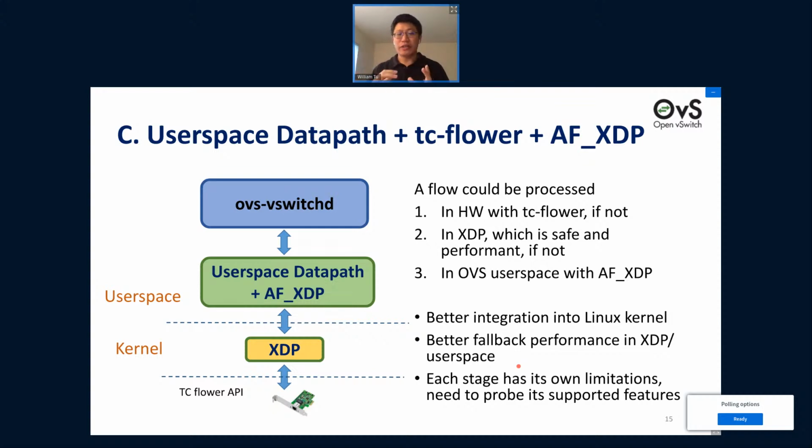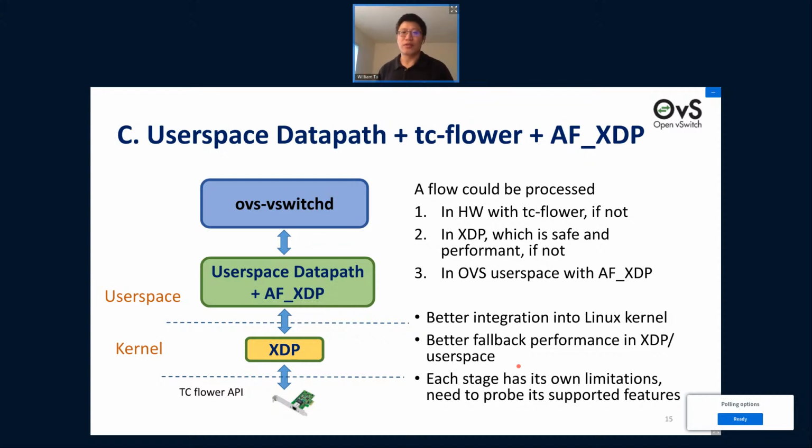And since we use AF_XDP, we want to use TC Flower as the offload API, because TC Flower has more features and is better integrated into the kernel. And because we are using AF_XDP, we also have a chance to do XDP processing in the kernel. So this makes up 3 layers of processing.